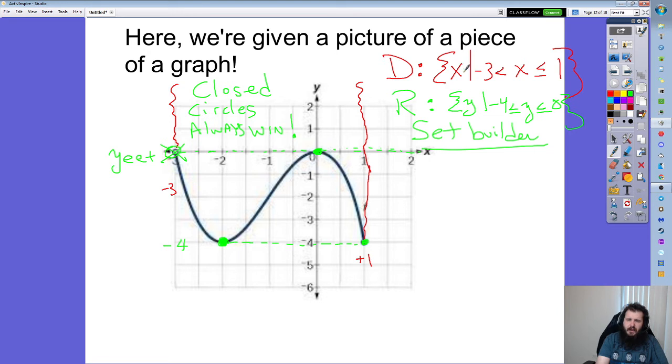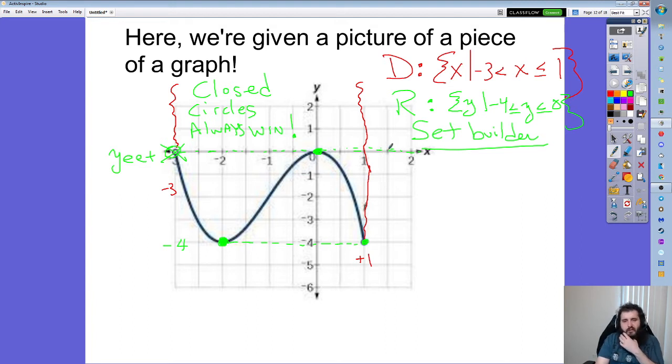The line here means so that x is between -3 and +1, right? And then the range here with the curly braces, y, so that y is between -4 and 0. That's one way of writing this.